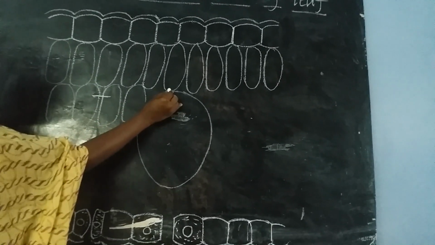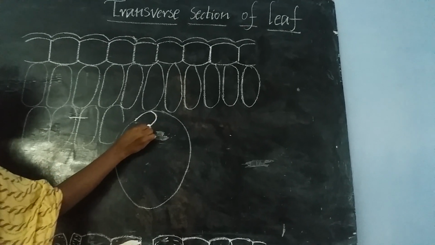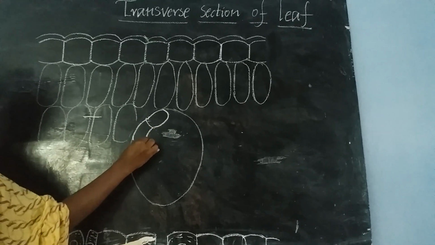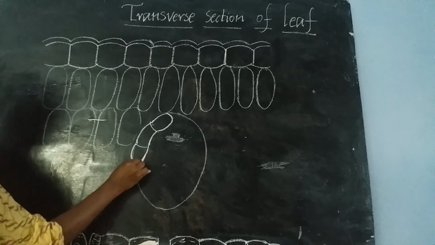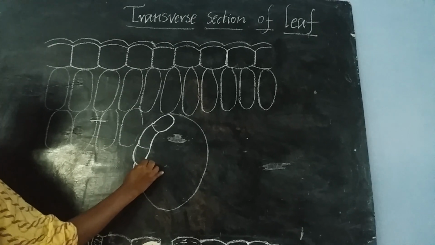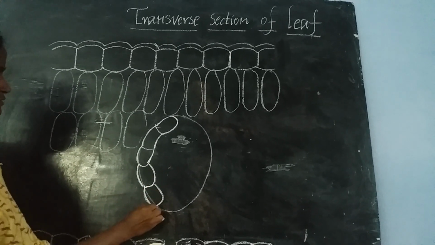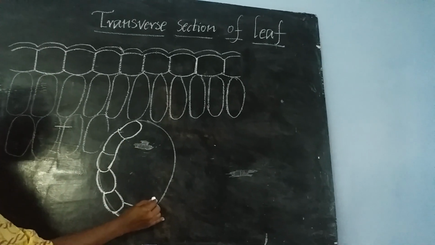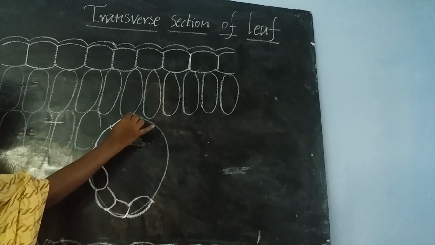First draw an outline with this kind of cells. Entire oval shape you cover like this.